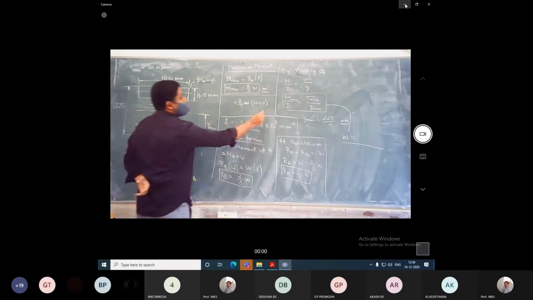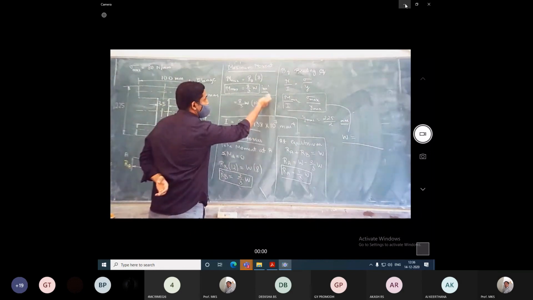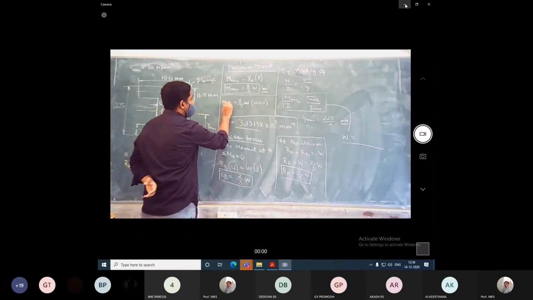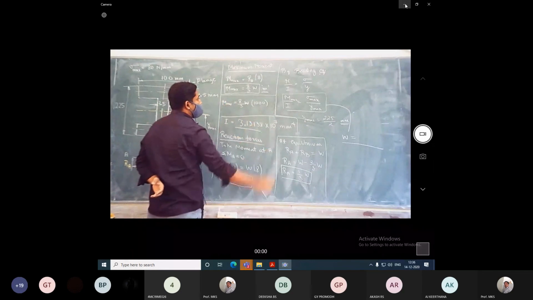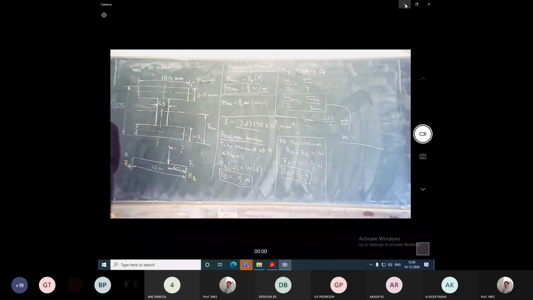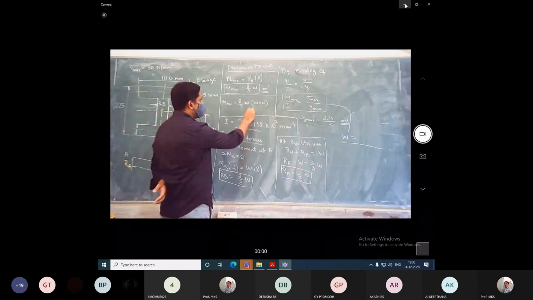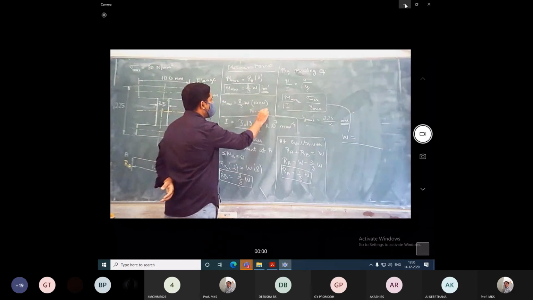So now it will be in Newton mm. Units, just make sure you follow single units.